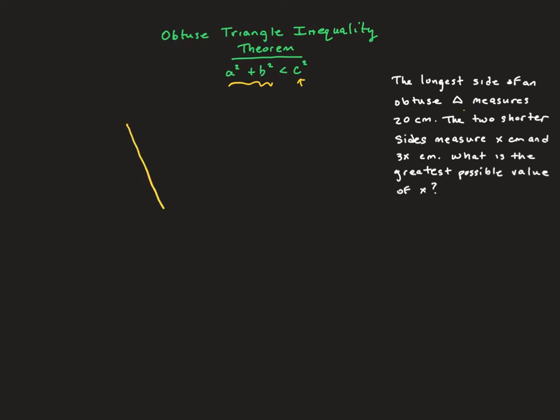I'm going to draw this exaggerated obtuse triangle because this angle is going to be greater than 90. The longest side is 20 centimeters, and the two shorter sides measure x and 3x. What is the greatest possible value of x?